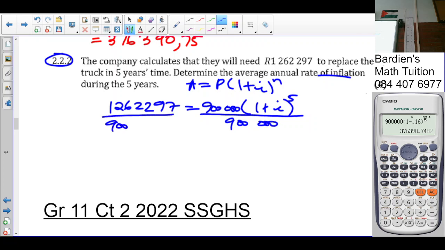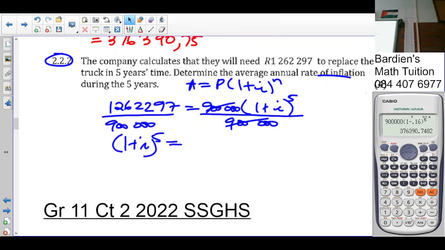Okay, that cancels. So 1 plus i to the 5 is equal to, in the calculator, 1262297 over 900,000, which is 1.4025. Of course you must take the fifth root of that.